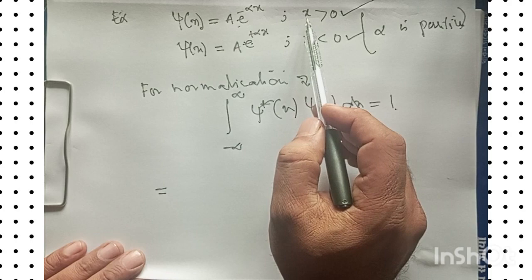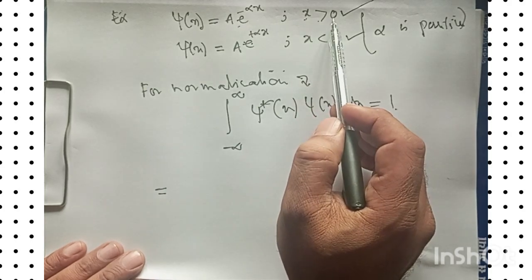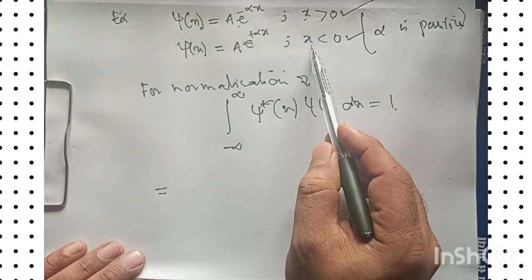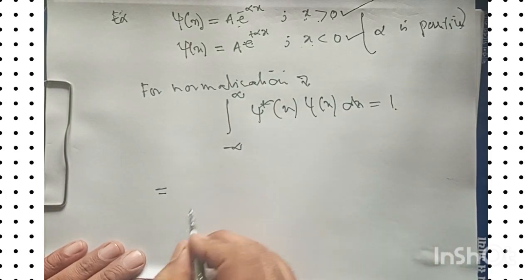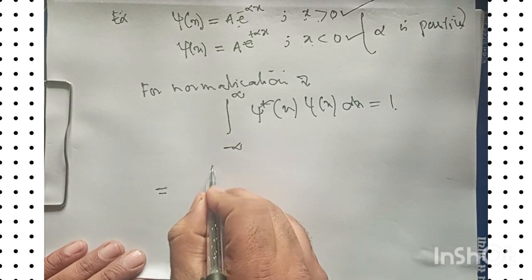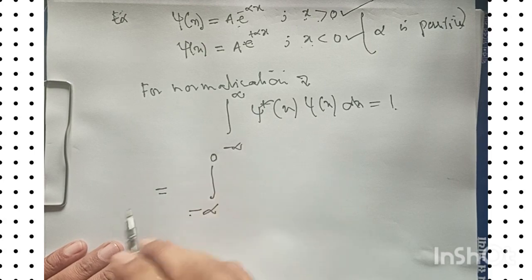We have x greater than 0, and then x less than 0. So I can start from minus infinity.